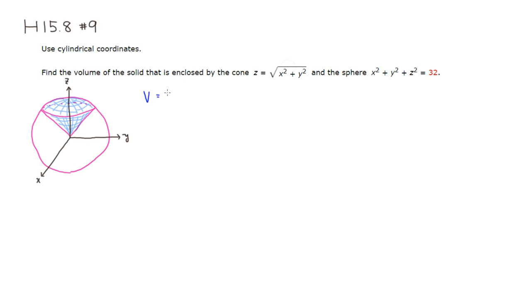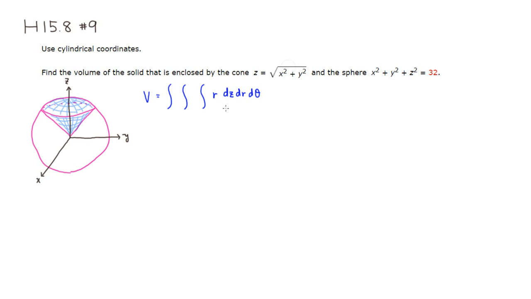Alright, so I'm going to use cylindrical coordinates. So the volume element is r. I'm going to do dz first, with respect to z, and then dr, d theta. So we have to find the bounds for z.